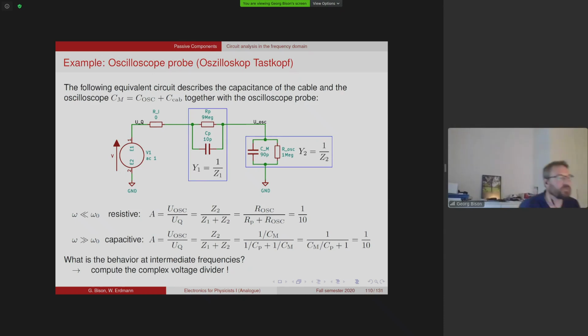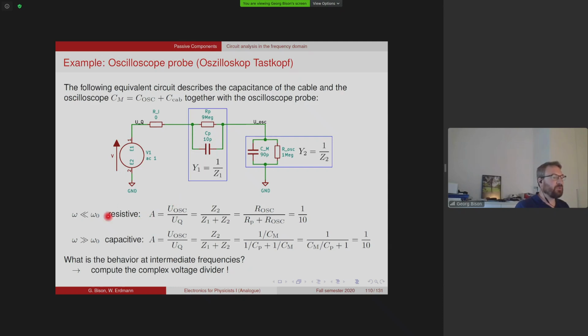It's easy to see what happens at the extreme cases. Now, if we go to really, really small frequencies, then the capacitors play no role. They have basically infinite impedance, and so there's no current going through the capacitors.